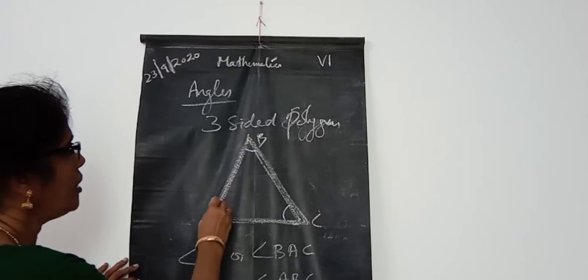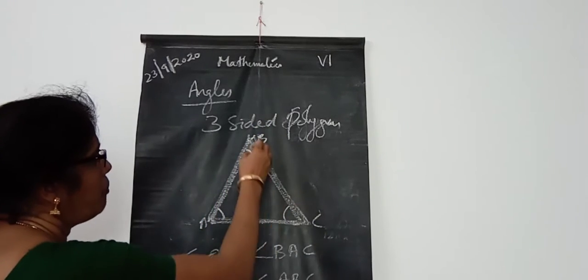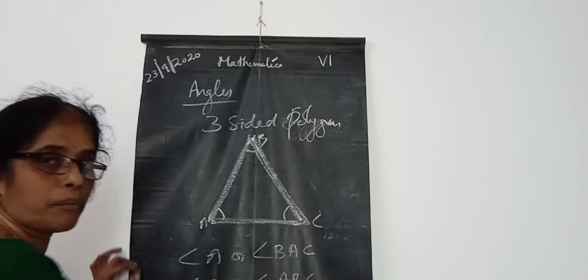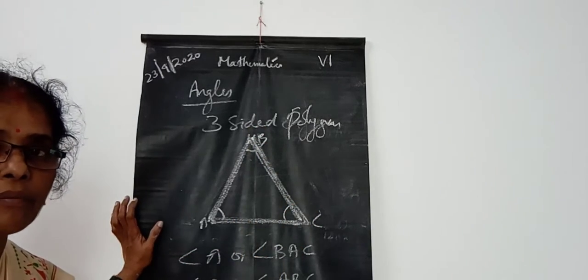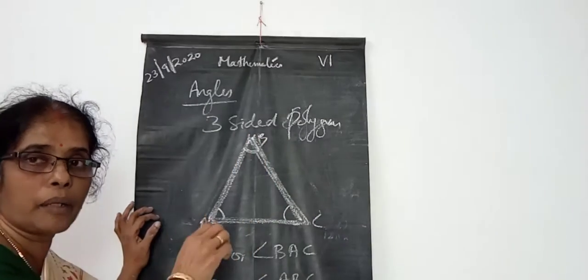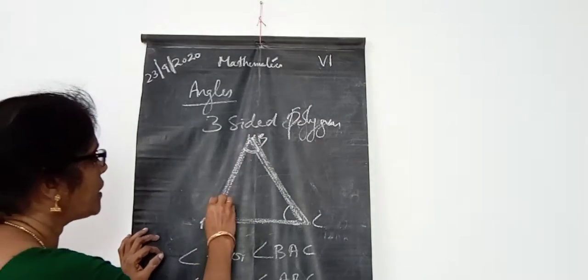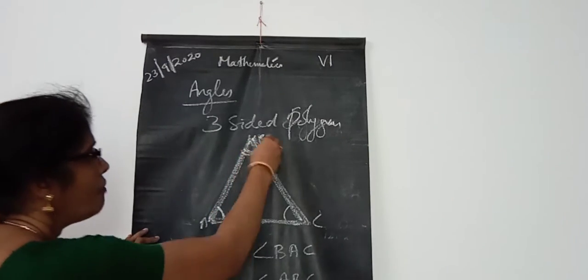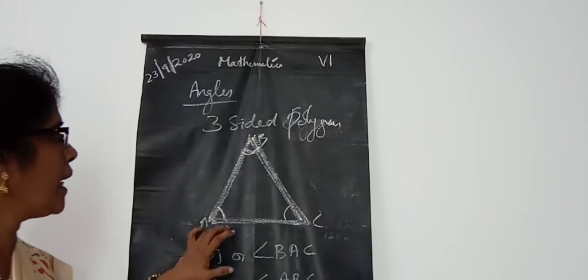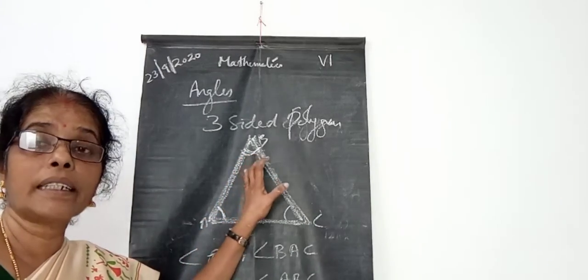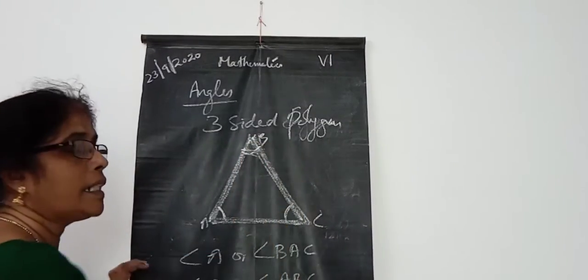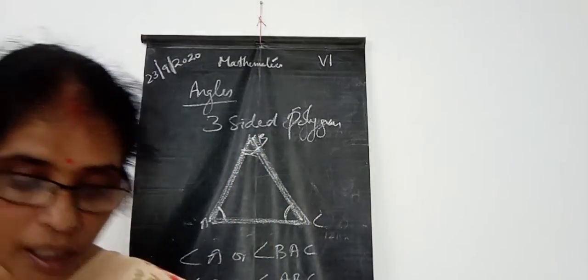Look here, line segment AB and line segment BC are also adjacent sides, because B is the common endpoint, isn't it? And vertices A and B are adjacent vertices, and B and C are also adjacent vertices. Okay, that is the triangle.